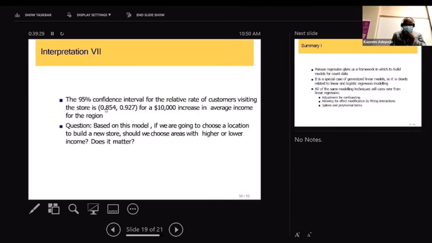Now I want to ask a question. Based on this model, if we're going to choose a location to build a new store, should we choose an area with higher or lower income? Does it matter? You can answer the question based on what you see. If you look at the income, you'll see the income is significant. Look at the direction of that. It's negative.